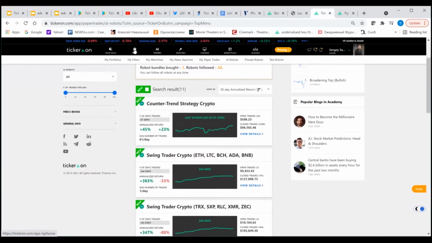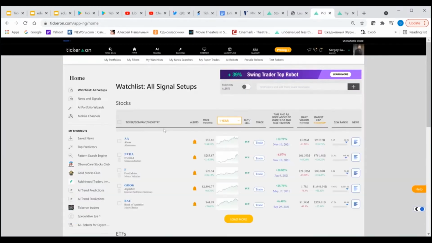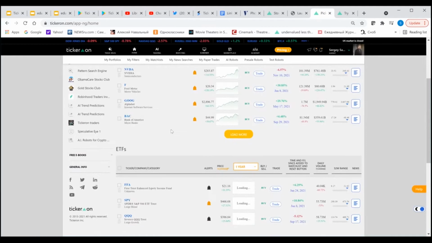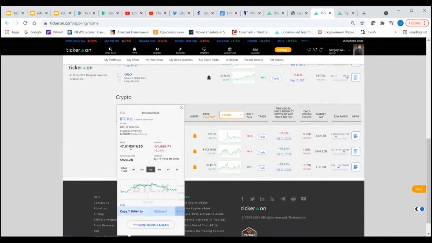We're going to go to home. This is a home page where you can put your list of cryptocurrencies. You see, I already entered BTC, LTC, and others. And then let's assume I want to learn a little bit more.